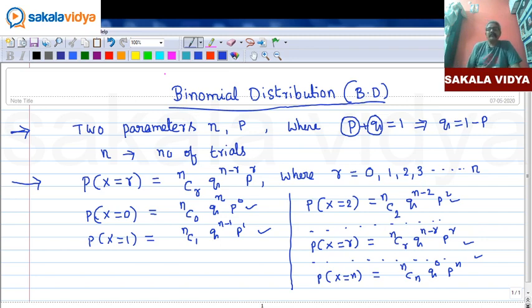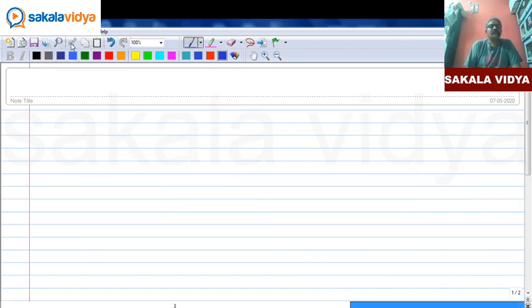For example, we can write the distribution of X equal to r with its probability. So 0, 1, 2 and so on, r and so on, n. In this random variable the range is 0 to n.